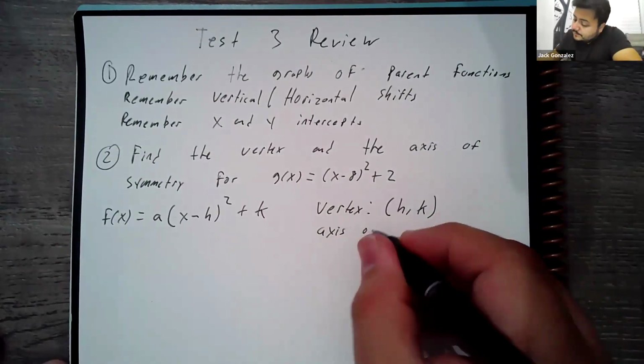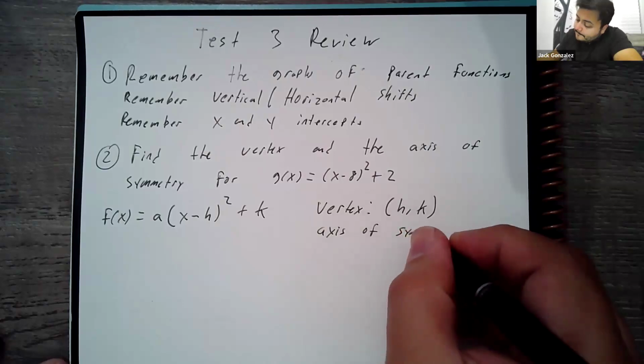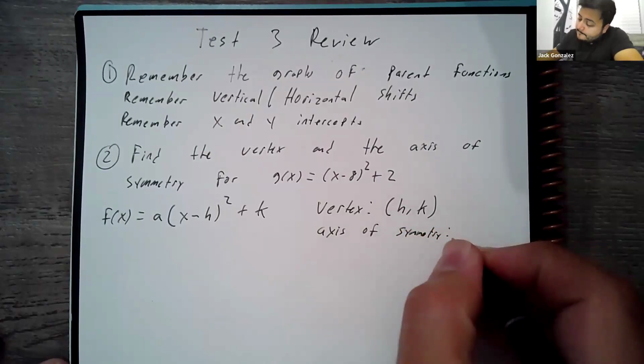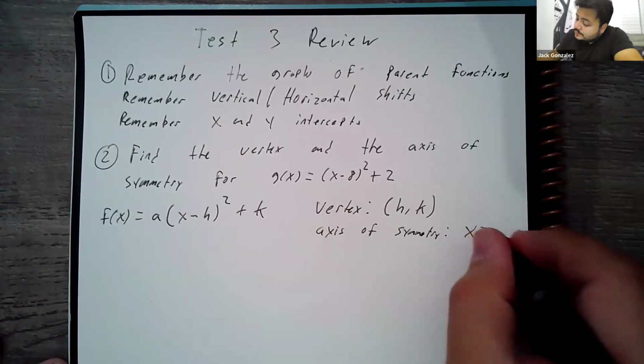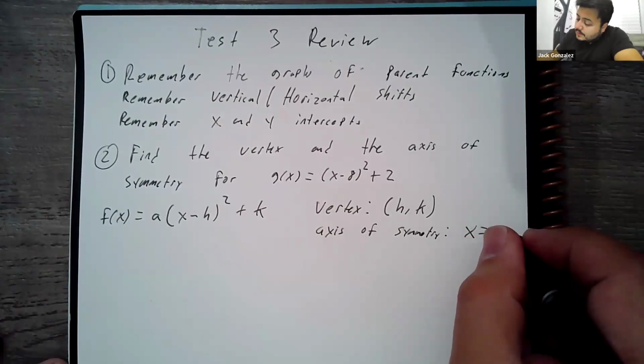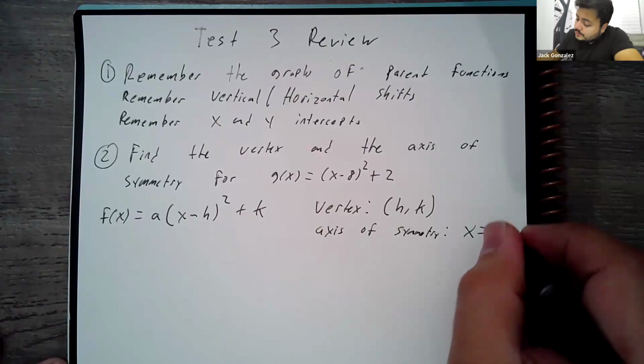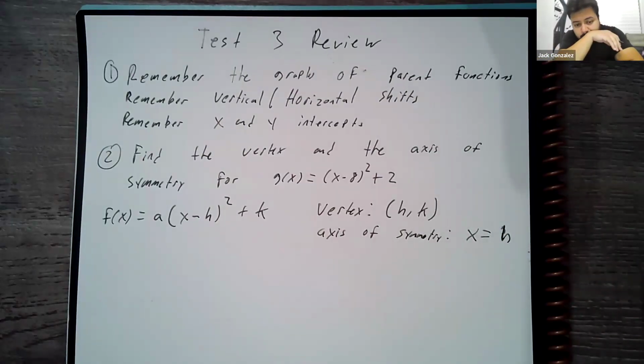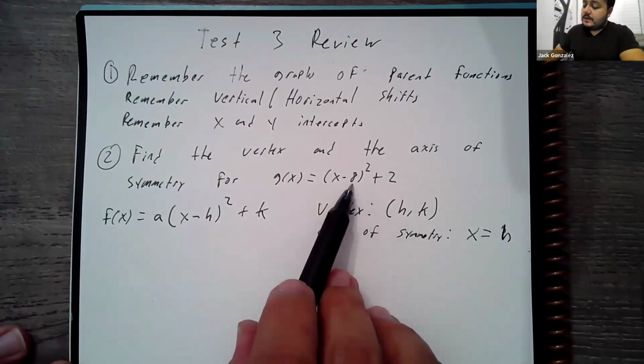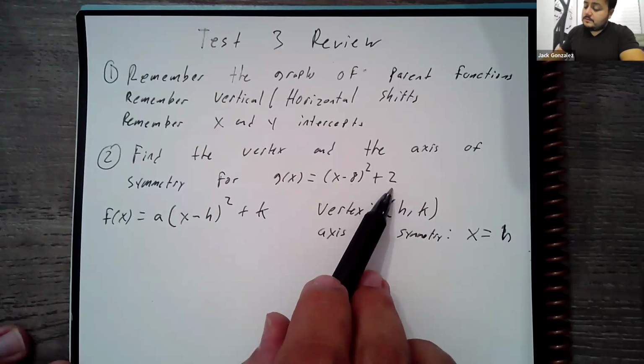Axis of symmetry is x equal to h. All right. So our h is going to be 8. Our k is 2.